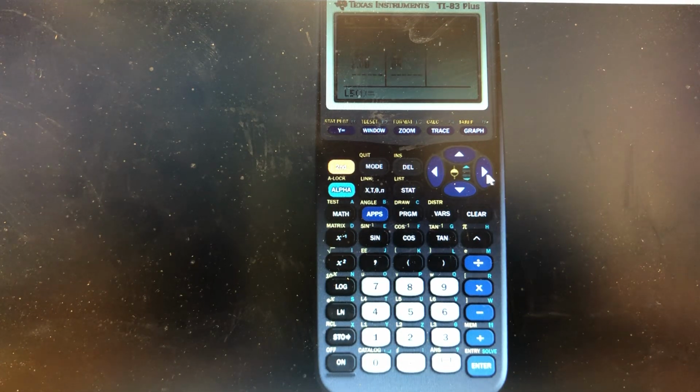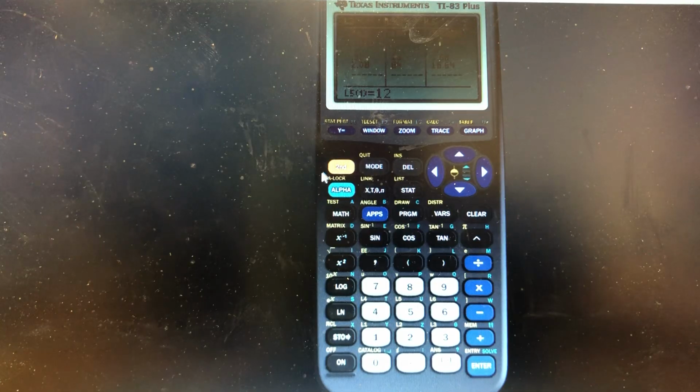So what if I take each L4 times each L2, and I can do that in L5 if I go up to the top? L4 times L2. Whoops. L4 times L2. That's each x squared times each probability. And you sum that up, just like we did for the mean. If we sum up L5, that's this result here.